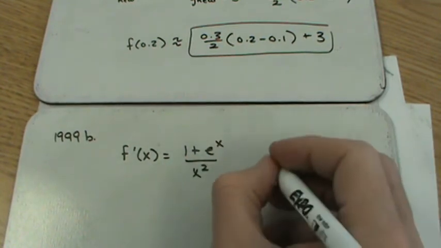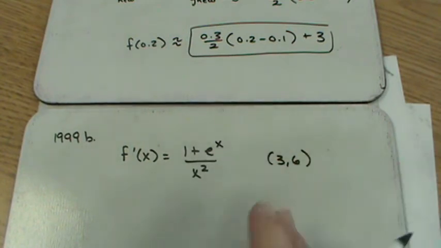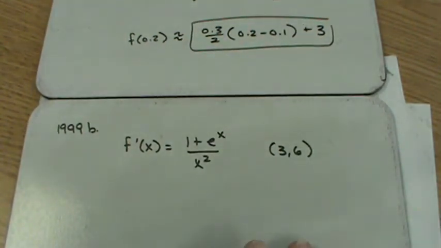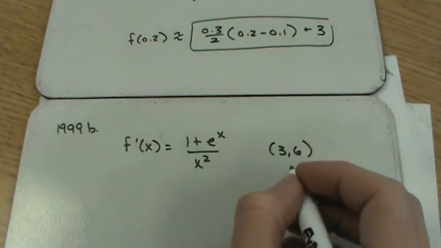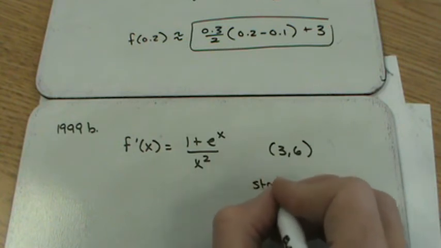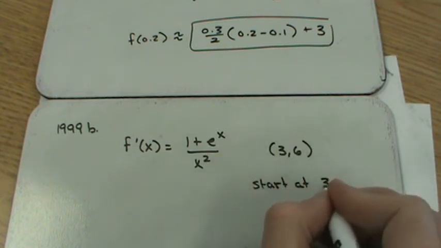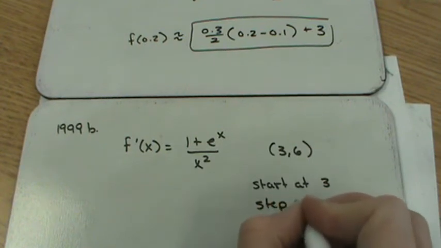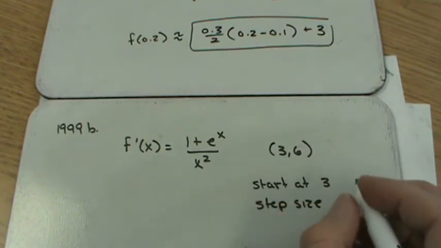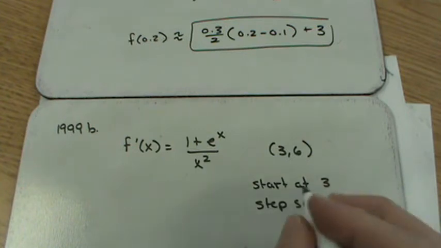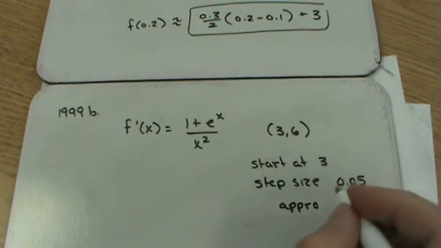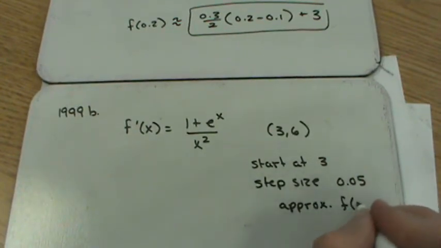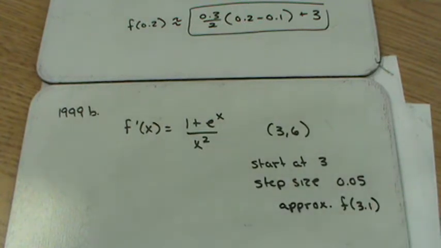They give us the initial point 3, 6, so you do have to go back and look at the problem a little bit here. And B says use Euler's method starting at x equals 3 with a step size of 0.05. So start at 3. Our step size is 0.05, and they want us to approximate f of 3.1.